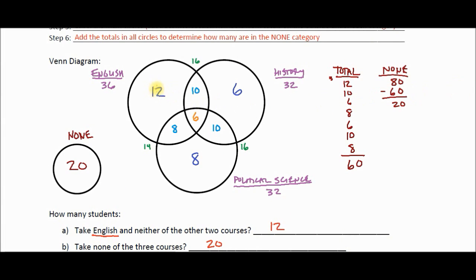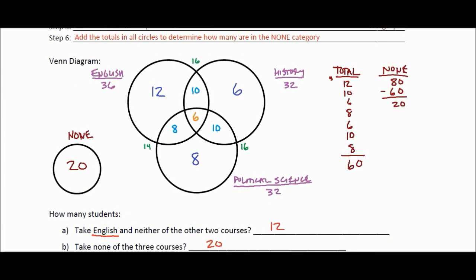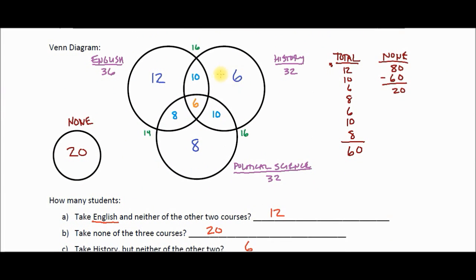Okay, that means we include all the ones in the English category and all the ones in the history category, English or history. So you got 12, 10, 6, 8. That's the ones that are in English. And then history makes me happy too. So I've got some more over here. These two haven't been accounted for yet.